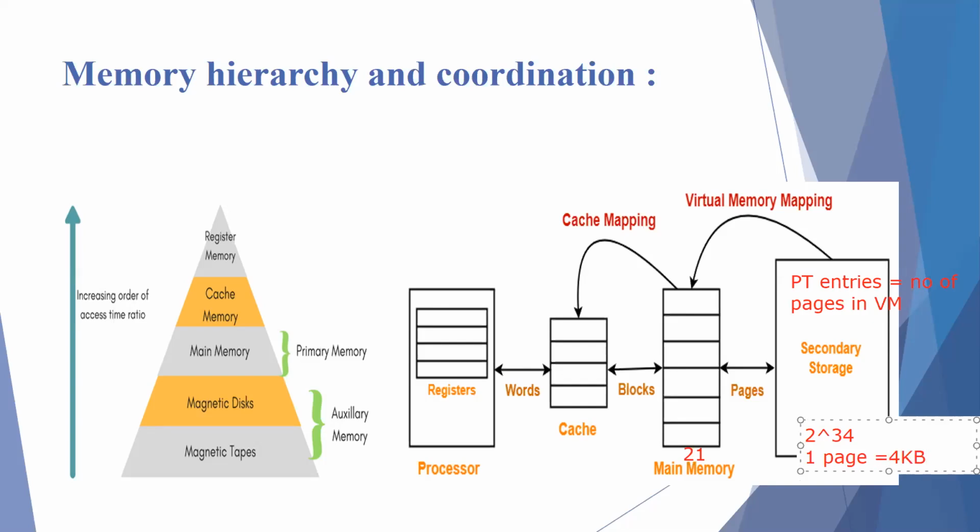How many pages do I have? 4 kilobytes is 2 raised to the power 12. So 2 raised to the power 22 approximately. Okay? Now, your page table will have 2 raised to the power 22 entries.